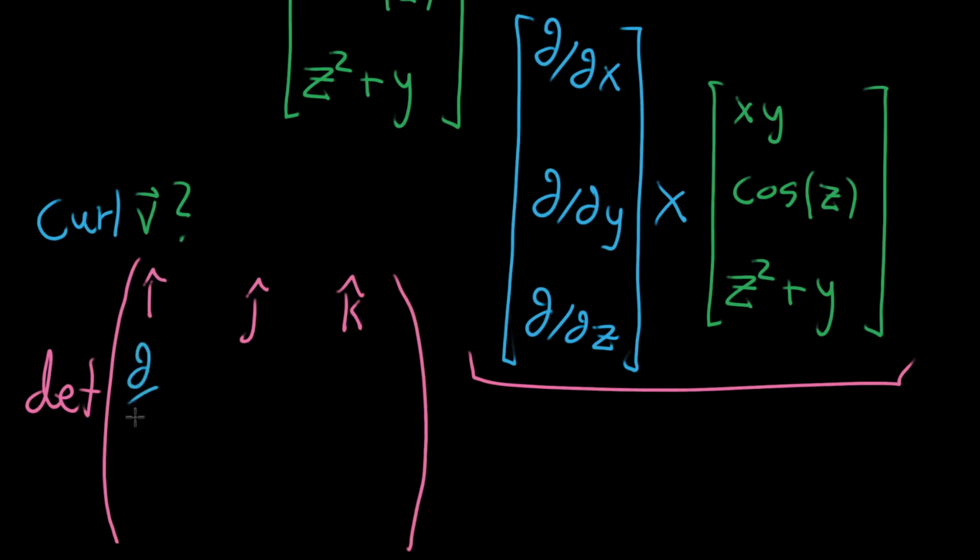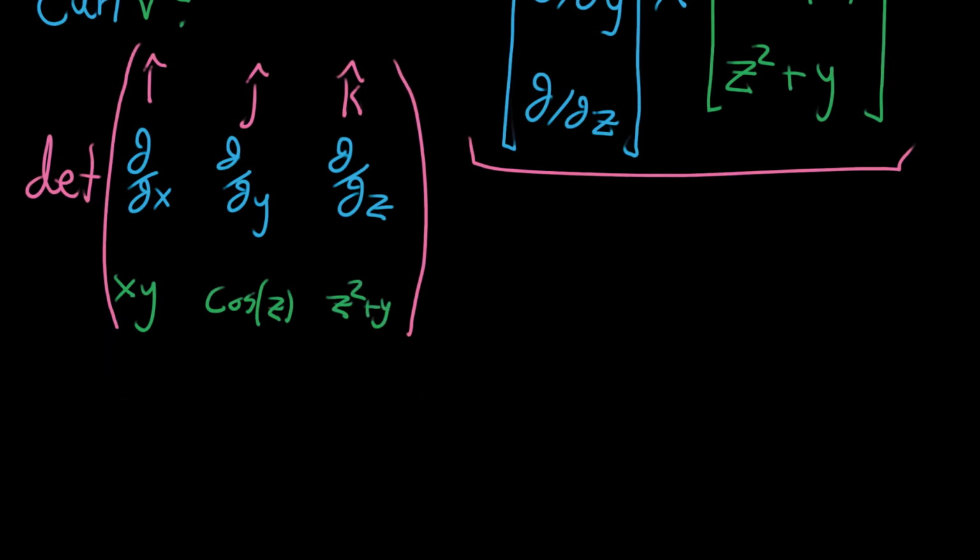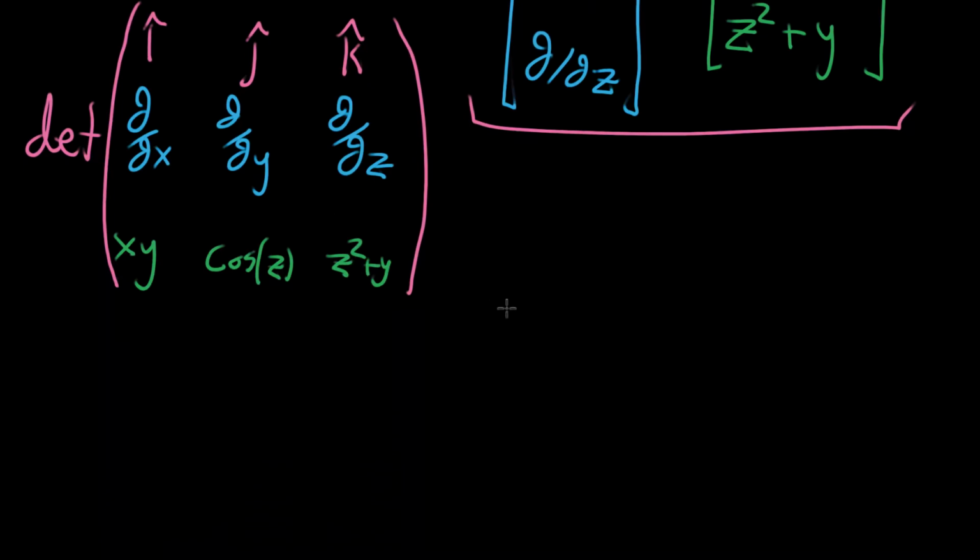So that's partial x, partial y, partial z, and again, all of these are just waiting to be given a function that they can take the derivative of. And then that third row is going to be the functions that we have. So the first component here is xy. The second component is cosine of z. And then that final component is z squared plus y. So I'll give some room here, maybe make it more visible. So this is the determinant we need to compute.